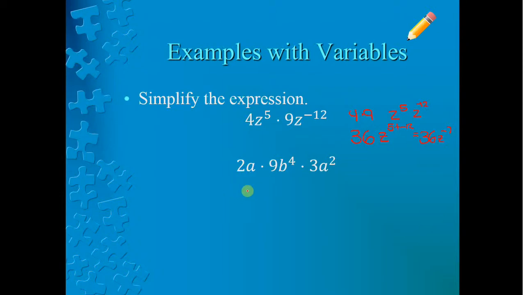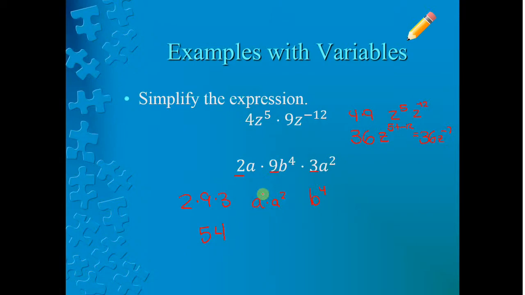What about this one? Let's put the numbers together. 2 times 9 times 3, just took the numbers away. Put the a's by each other so I can see them. And then lonely b gets to be there. Let's multiply our numbers. 2 times 9 times 3. 2 times 3, that's 6. 6 times 9, that's 54.